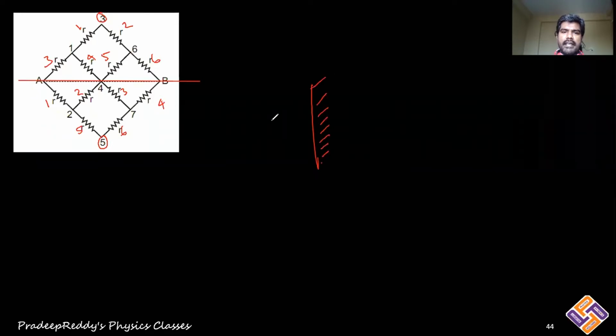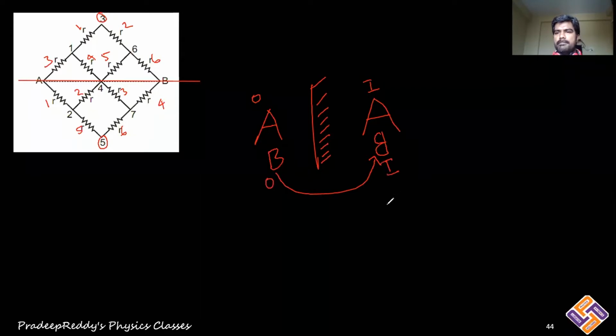If you place an alphabet A in front of the mirror, definitely you will get an image on the other side of the mirror. Is it not? This is the object and this is the image. Likewise, if you place an object B in front of the mirror, you will get image B like this. So this is the mirror image and this is the object.